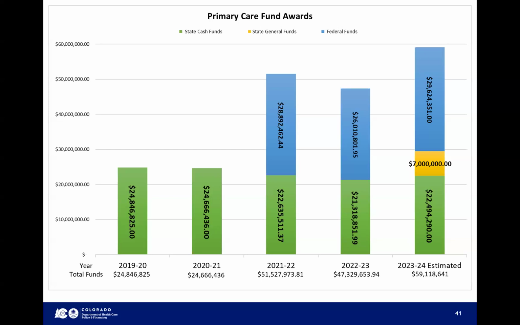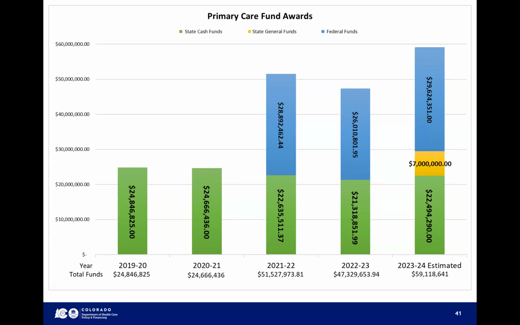That is because fiscal year 21-22 was the year that we were able to begin the federal match on the state cash funds for those Medicaid clinics. So we were able to basically double payments for those Medicaid clinics. Fiscal year 22-23, we did see a slight decrease going down to 47.3 million.